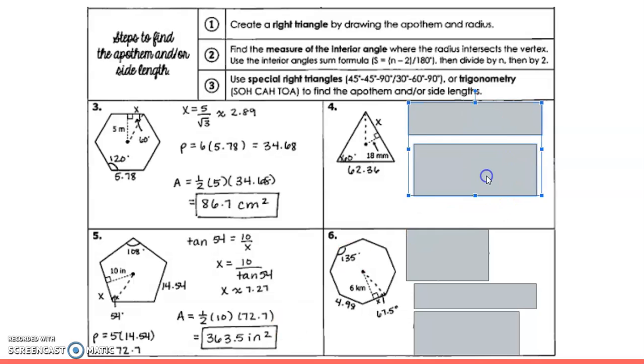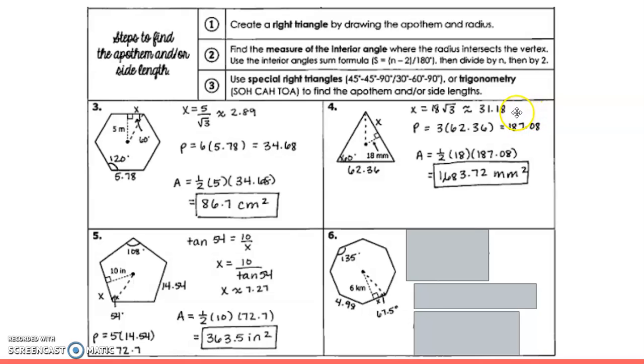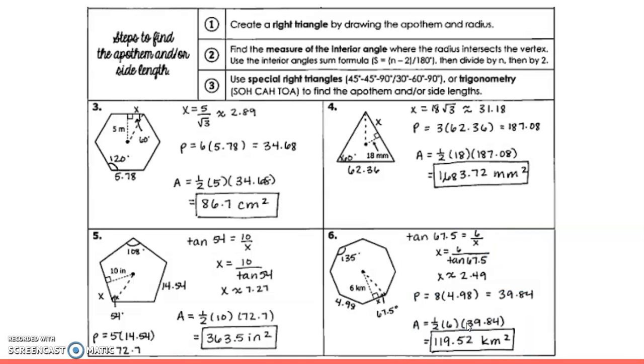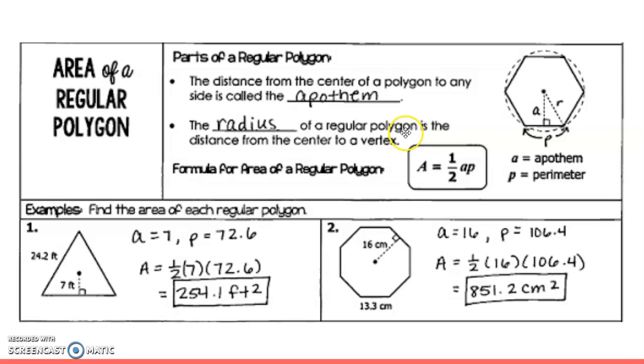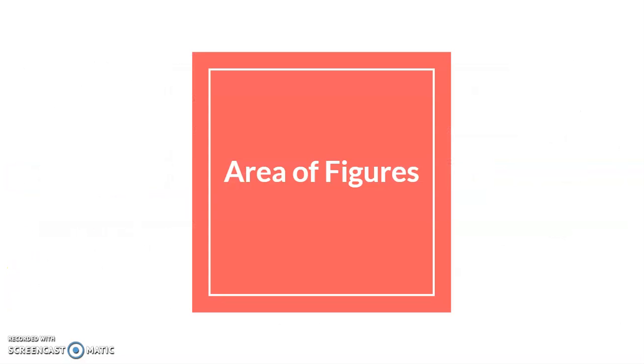Number 4 is an example where we would use our special right triangle, and number 6 is an example where we would use our trig ratios. A little bit more complicated, but again, we're still just using A equals 1/2 times the apothem times our perimeter. And all of that is for the area of our figures.